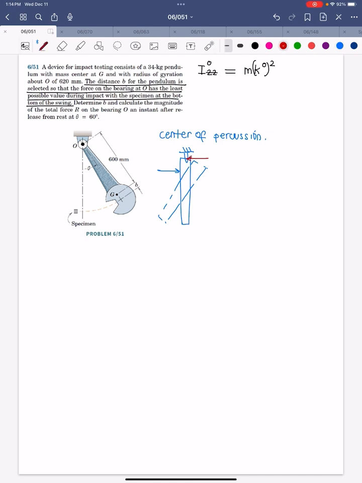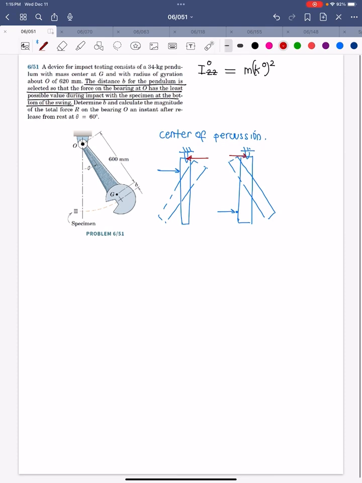But if I take the same pendulum and impact it here, at a location low enough, then if the pin is not there, the pendulum is going to tend to rotate this way, meaning that the horizontal component of the reaction force at O points rightwards.